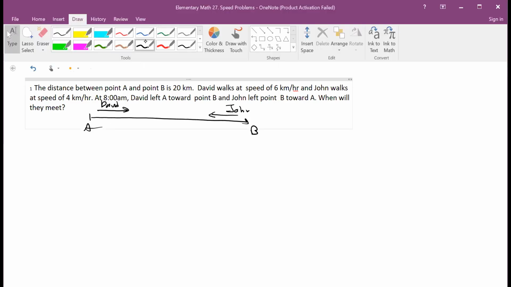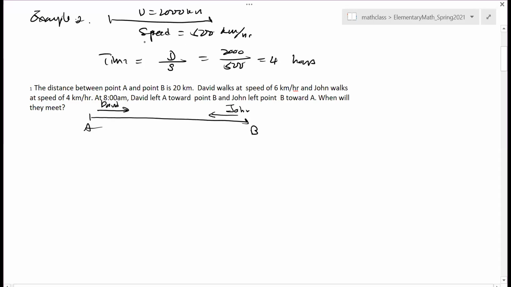The question is when they meet. So you have to find out how much time it takes for them to meet. Okay. Now, we can find the time.